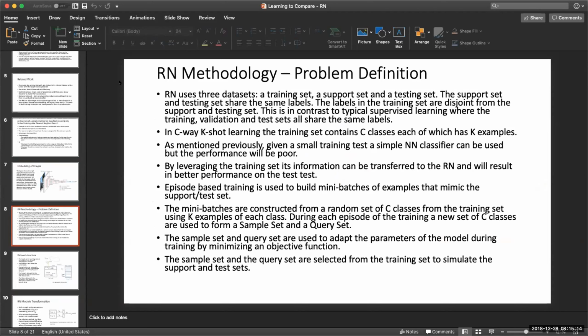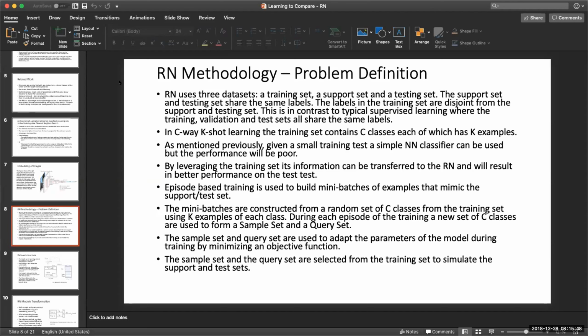So the relational network uses 3 data sets. It has a training set, a support set, and a testing set. The last two, the support set and the testing set, share the same label space. So all the examples are from a common set of labels.